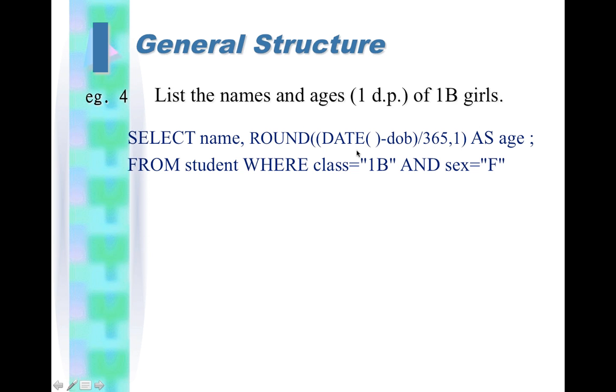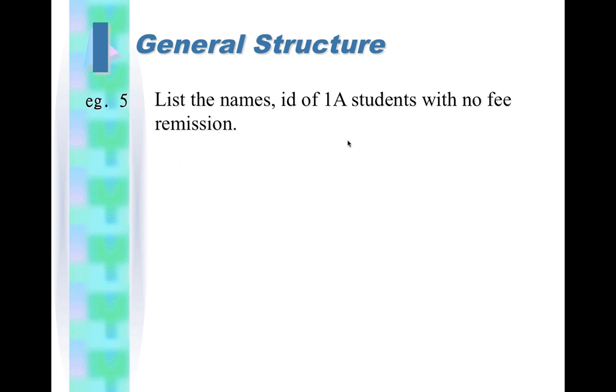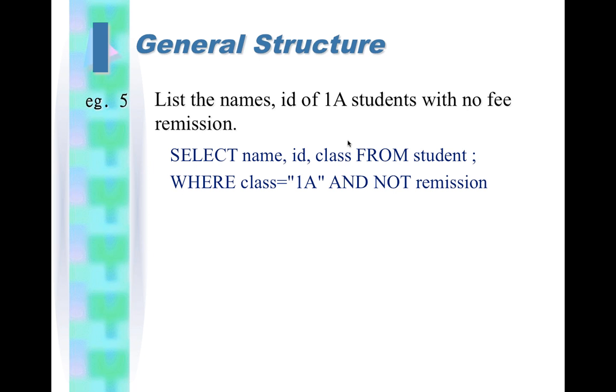This is how you find out age using the date functions. Then list the names and IDs of 1A students with no fee remission. So one of those columns you have to identify says remission is false.